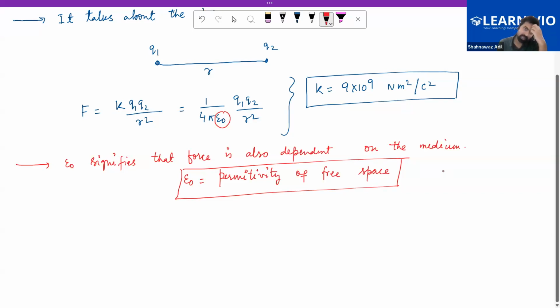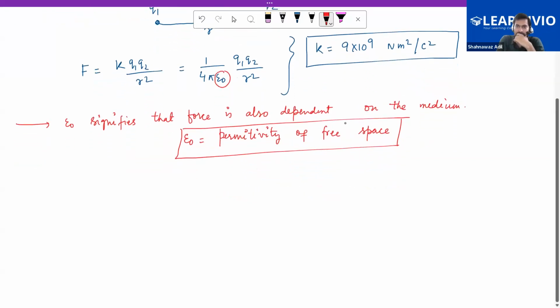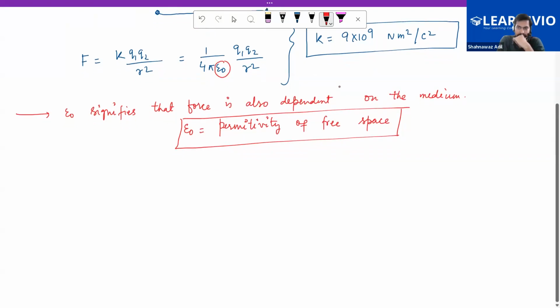How can we calculate the value of epsilon naught? So this k is 1 by 4 pi epsilon naught, right? So this epsilon naught would be 1 by 4 pi k, right?